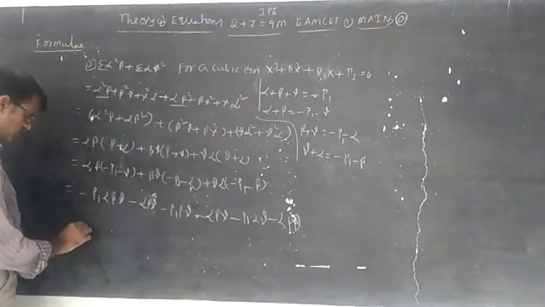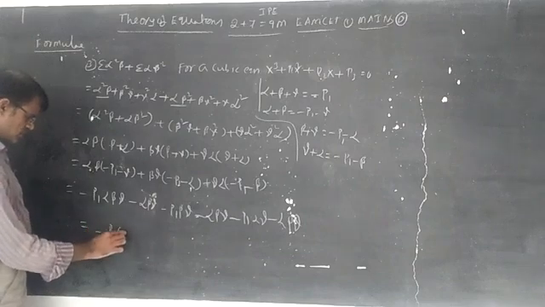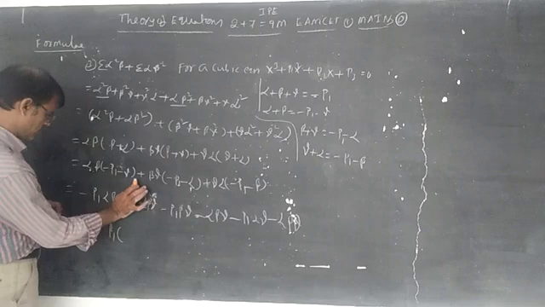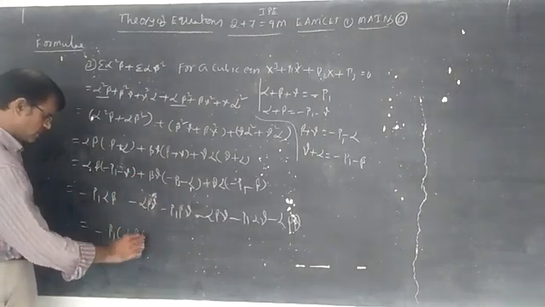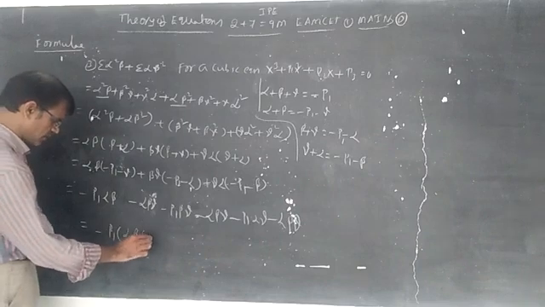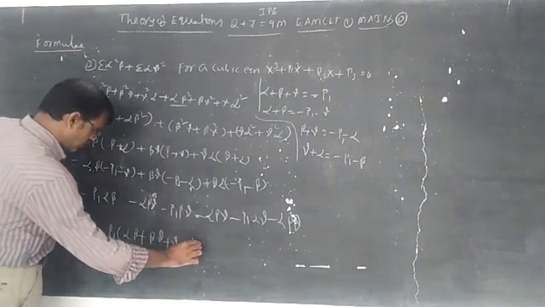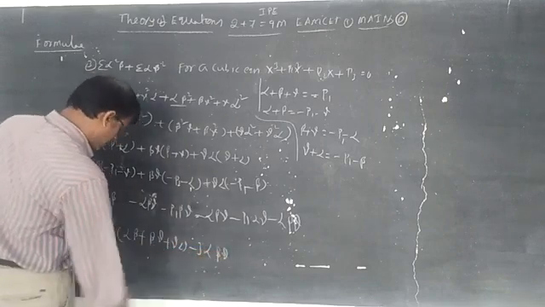That is equal to, you can understand, minus p1 you take common. Whenever you are taking minus p1, within the brackets you can write alpha beta plus beta gamma plus gamma alpha minus 3 alpha beta gamma.